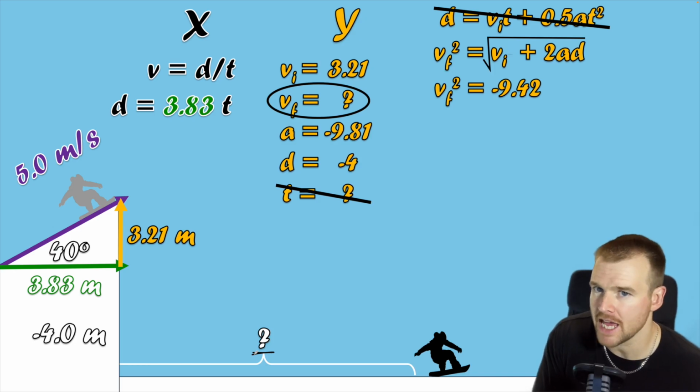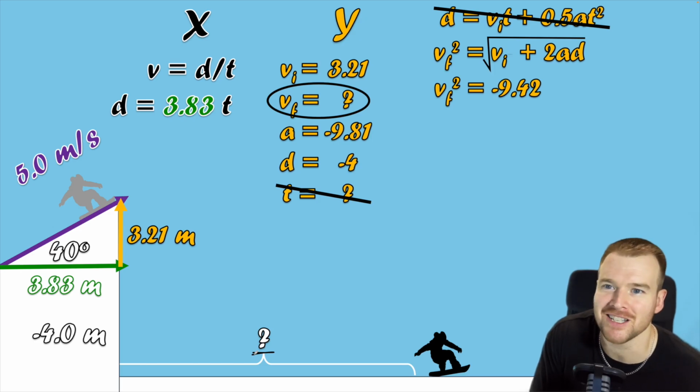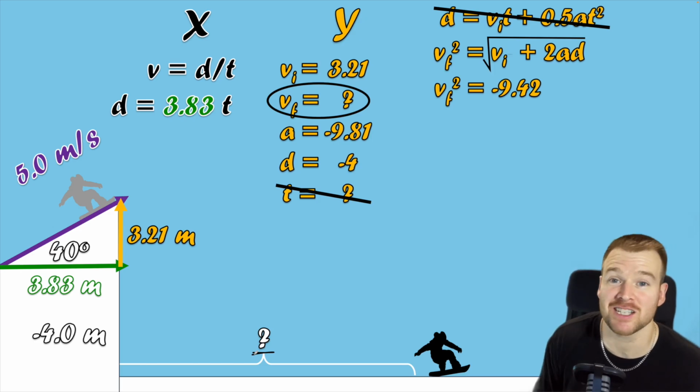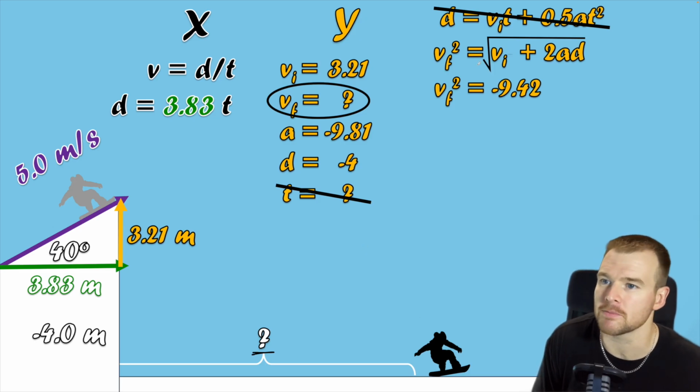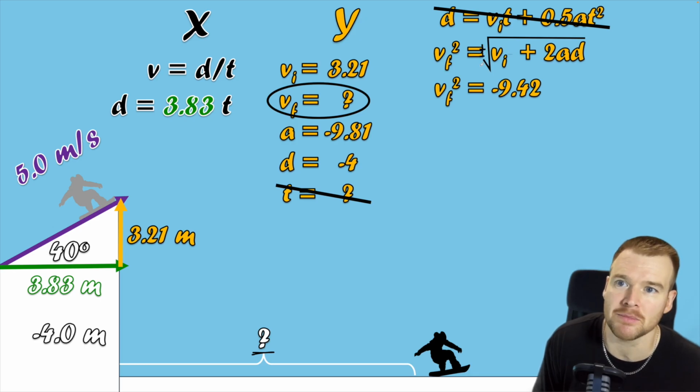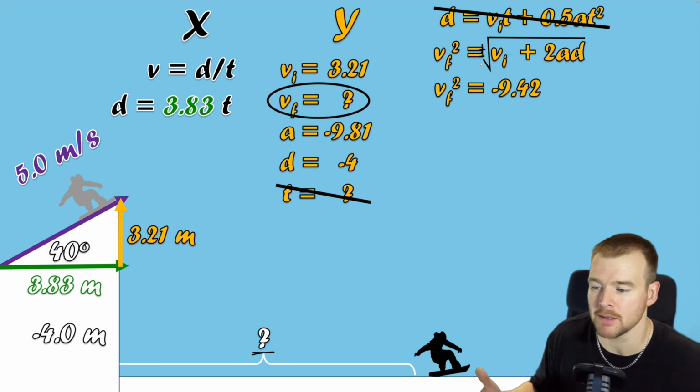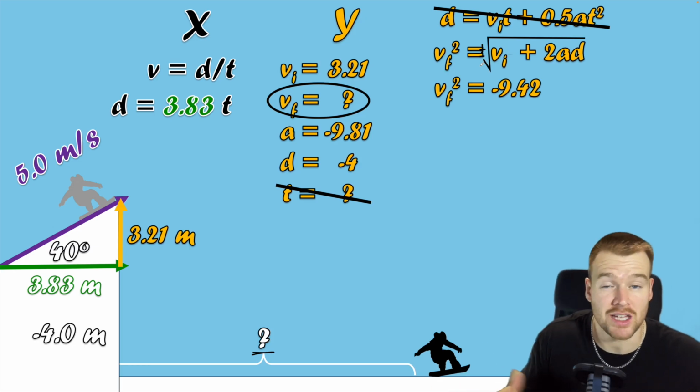Now, it's possible that your calculator gave you positive 9.42. It's actually very likely that it gave you positive 9.42, because whenever you take a square root, it's going to give you a positive answer. But with the square root, we never really write this part. There's a plus or minus symbol in front, because when you take the square root, the positive or the negative answers are possible. Because if you have 2 times 2, that's 4, and negative 2 times negative 2, that's also 4.